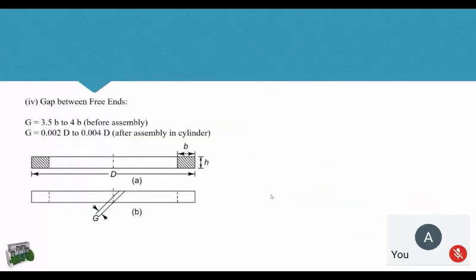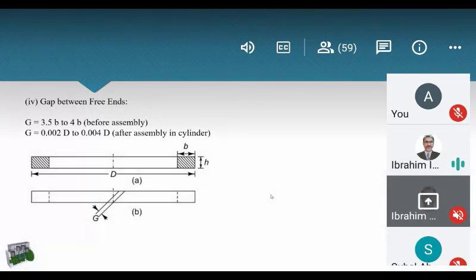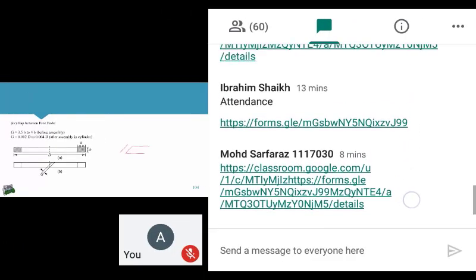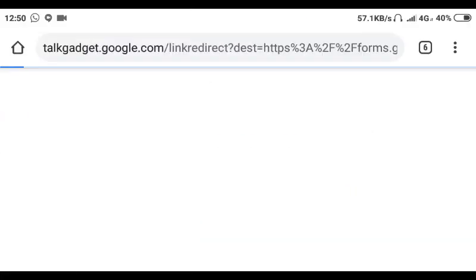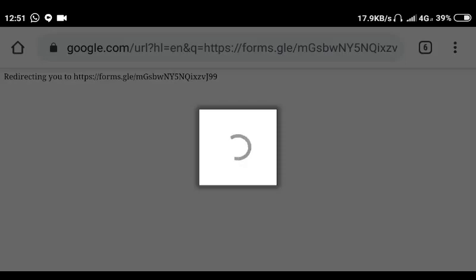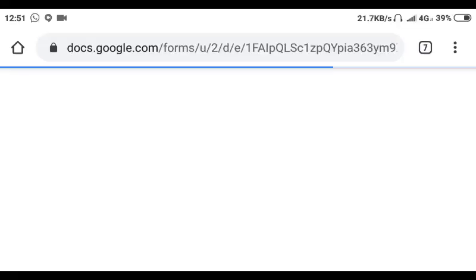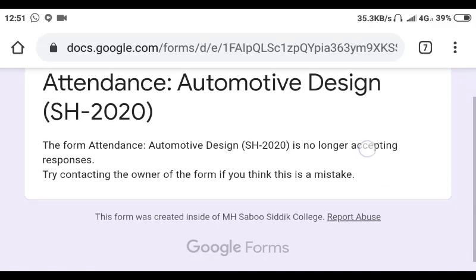Next, when the ring is not inserted onto the piston, the gap between the two ends is more. But when the ring is inserted onto the piston, in the groove, the gap reduces. So this empirical relation gives you an idea about what the gap should be before assembly and what it should be after assembly.